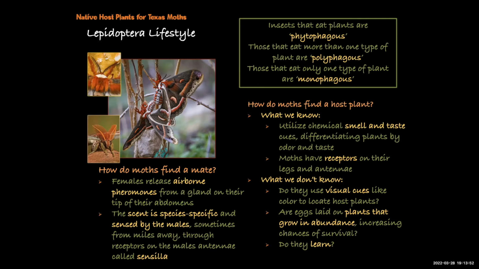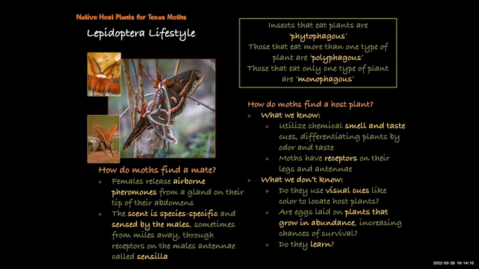So if these associations are specific, how do these moths find their host plants? Well, what we do know, scientists say that they utilize both chemical smell and taste, and they differentiate plants by odor and taste. And how they do that is moths actually have receptors on their legs and on their antennae.